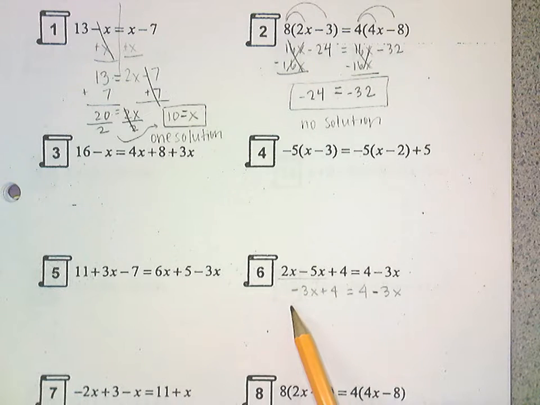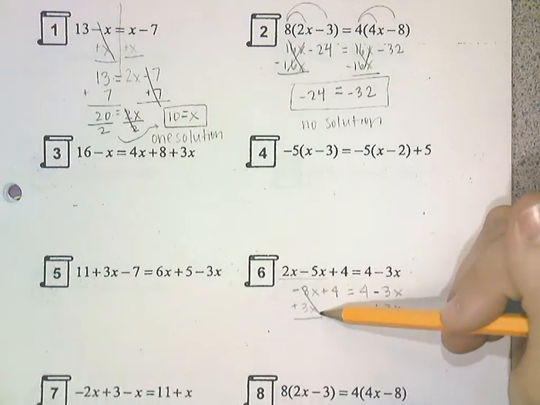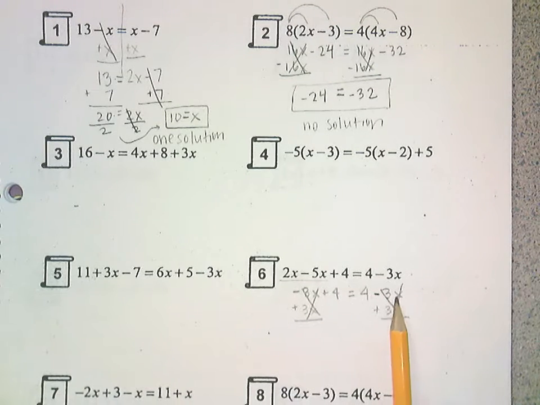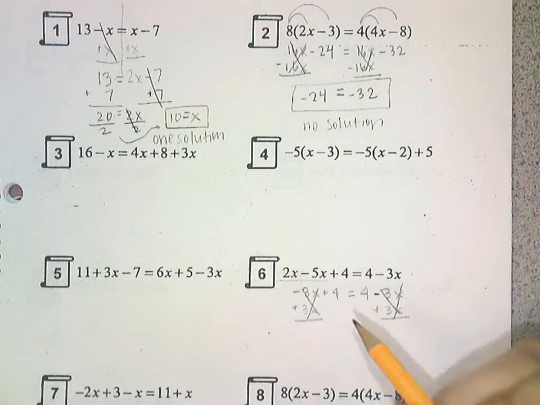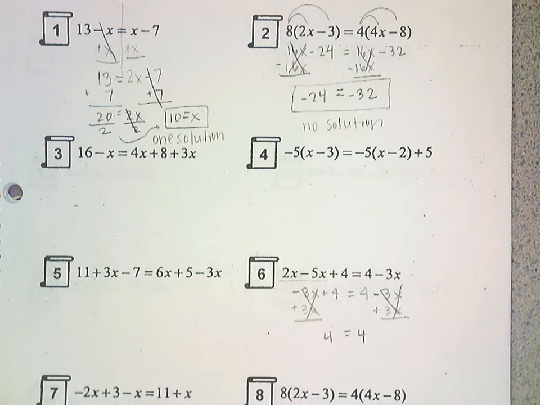Now we're going to get the variables on the same side, just as we always do, plus 3x on both sides. This becomes 0, and this also becomes 0. If we have negative 3 and then we add 3, that means we have canceled it out, so we're at 0. So that leaves us with 4 equals 4.